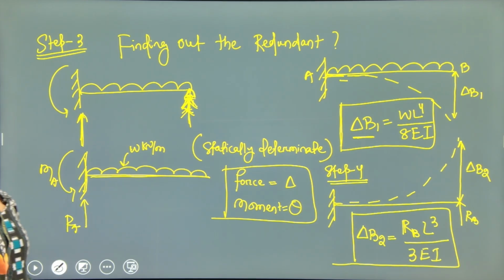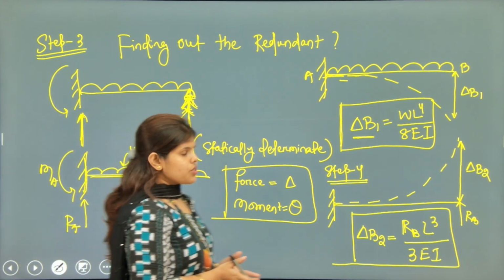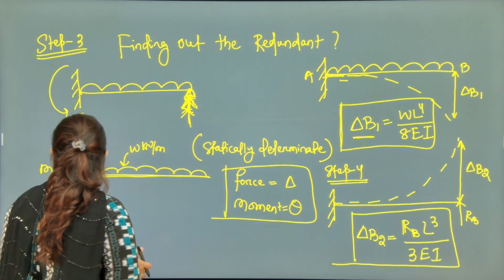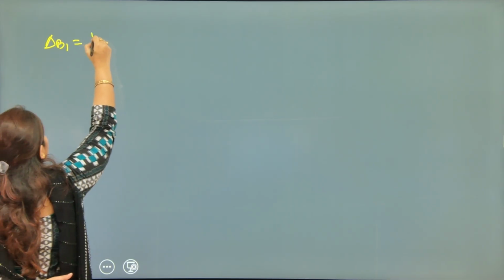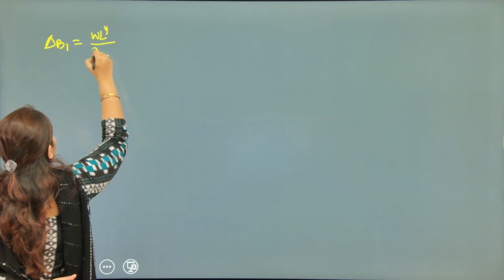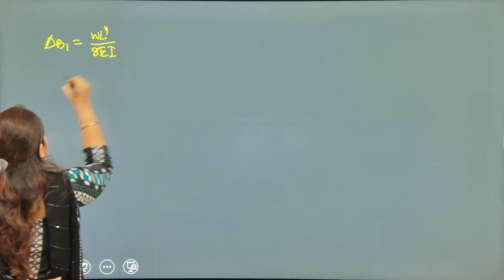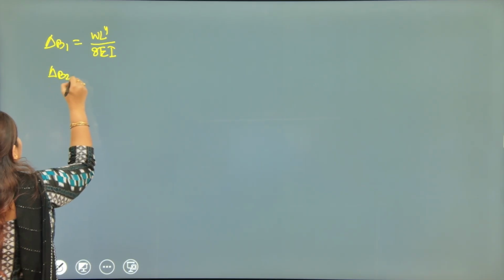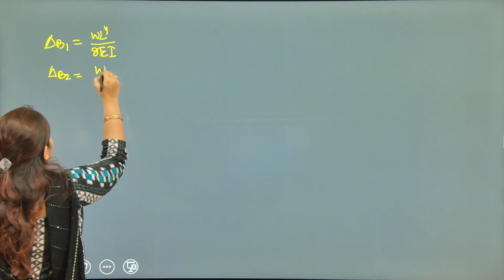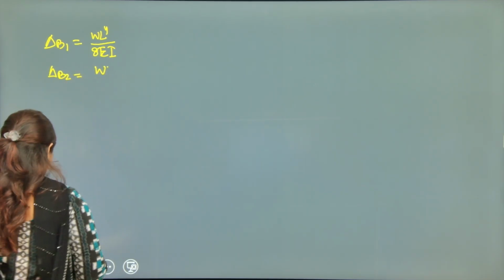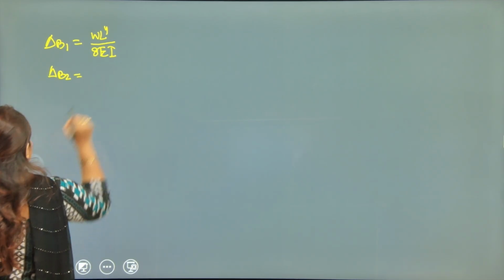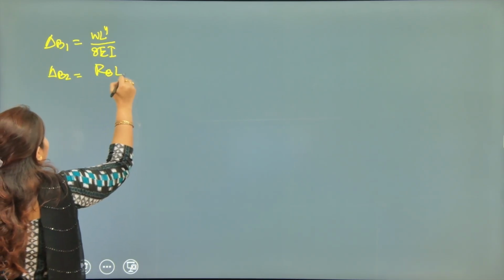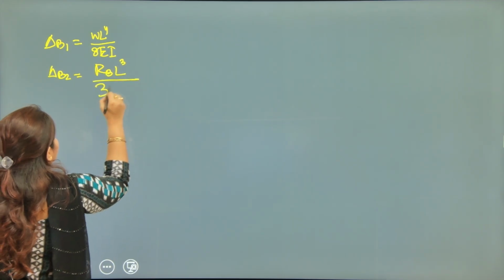Now by using the equation of equilibrium, we have delta B1 as WL to the power 4 upon 8 EI and delta B2 as RB L cube upon 3 EI.